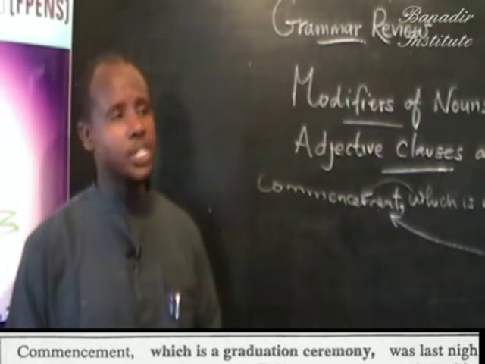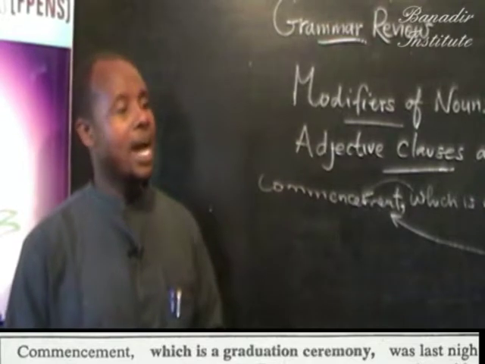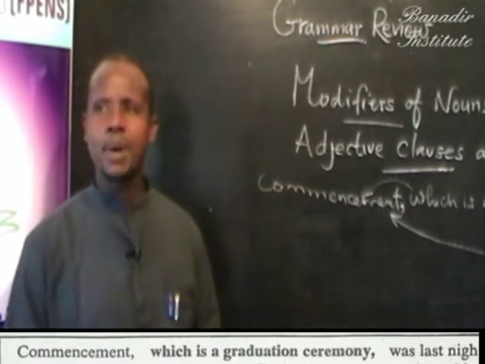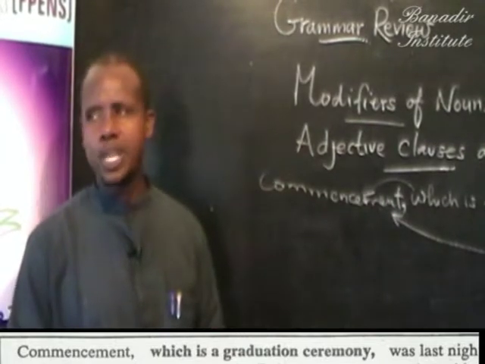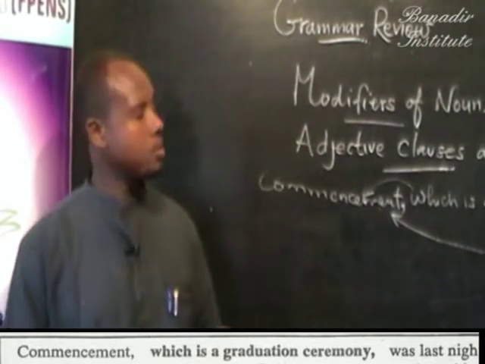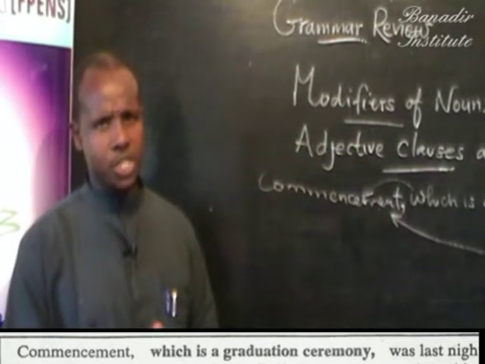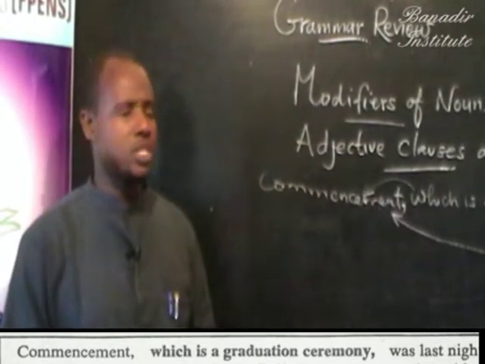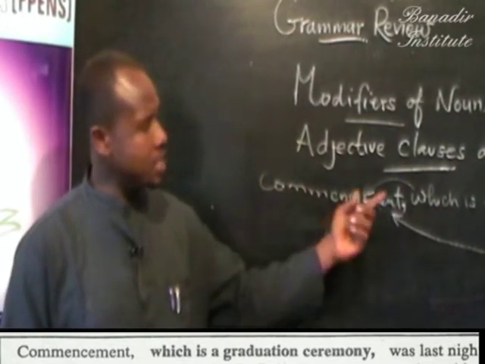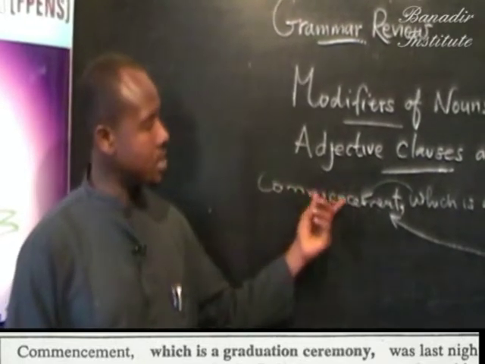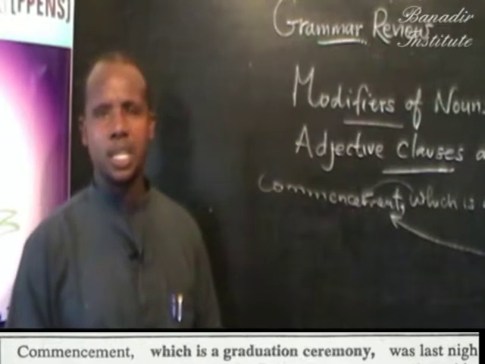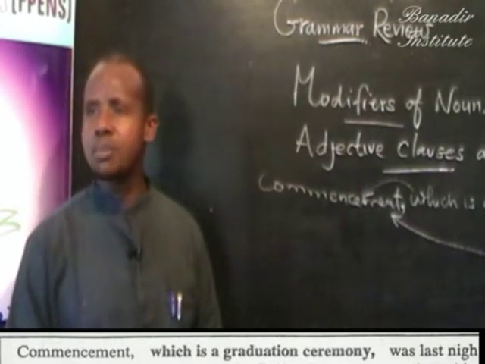Now that we have finished our study, we are having a graduation ceremony, then a party, an occasion to mark the commemoration of our graduation, that we become graduates of university. Commencement, which is a graduation ceremony. This is the first example in your book.